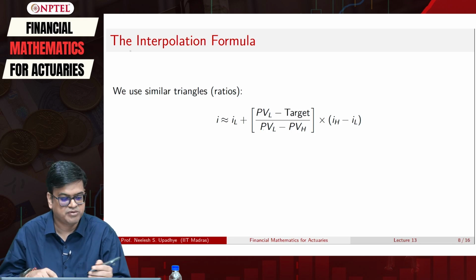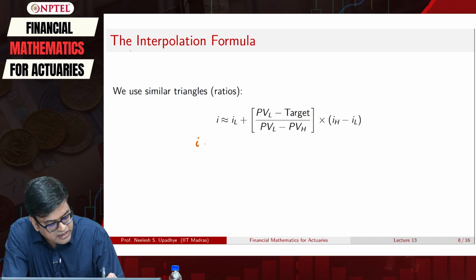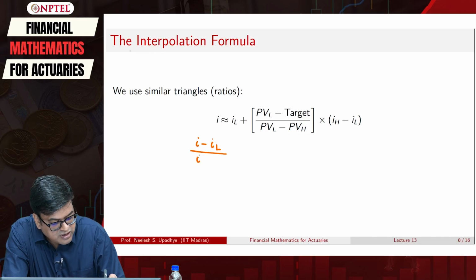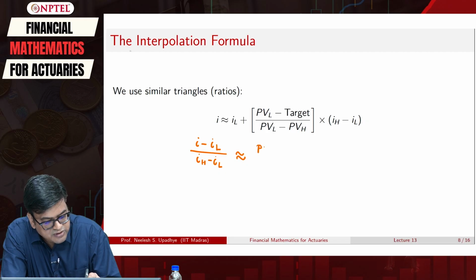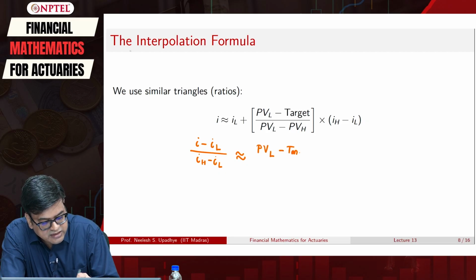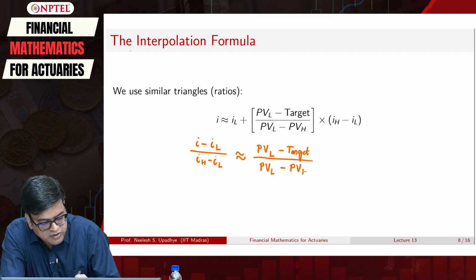So let me put why these ratios have come. So it's I minus IL upon IH minus IL. This thing should be approximately equal to present value of low minus the target that you have given, upon present value of low minus present value high.